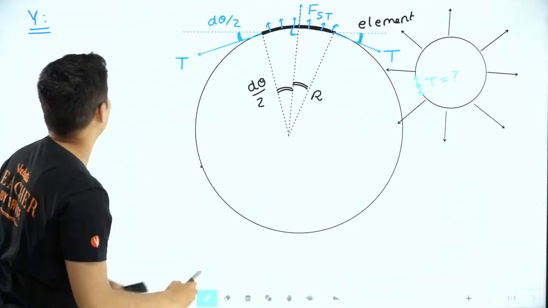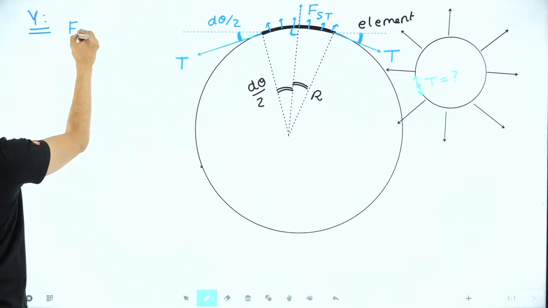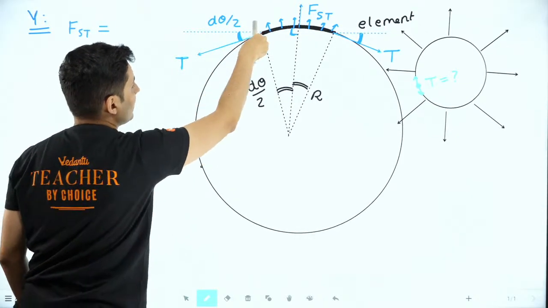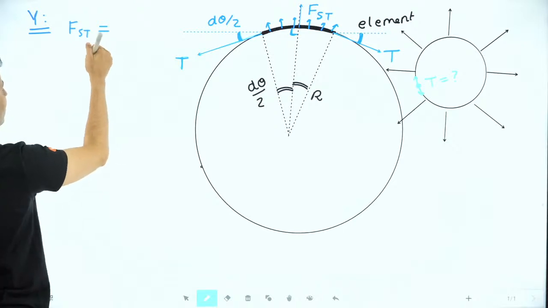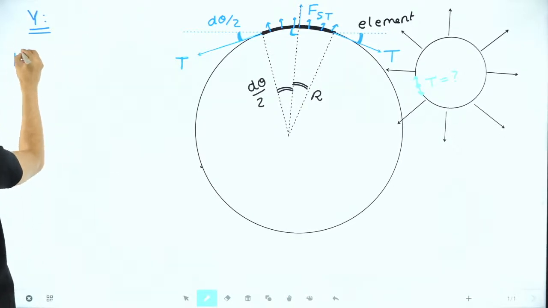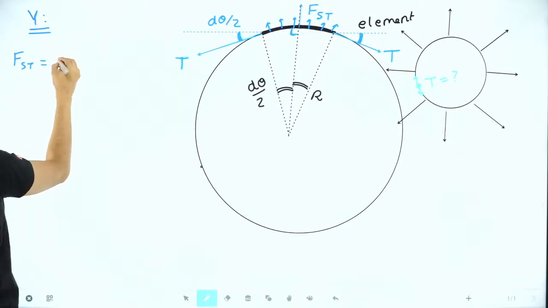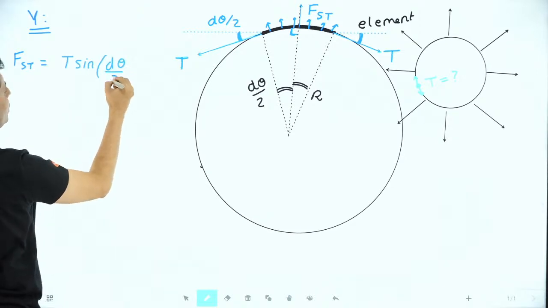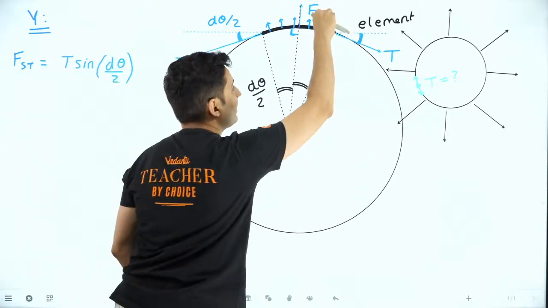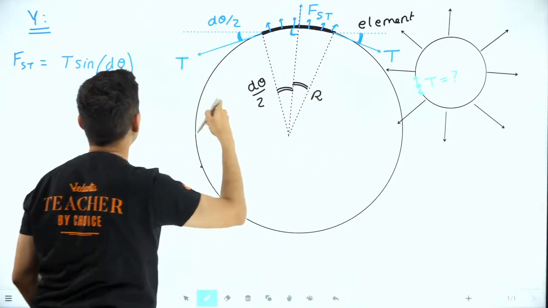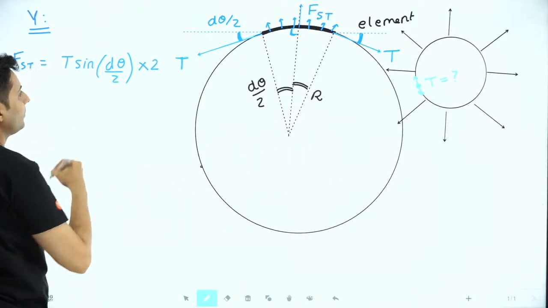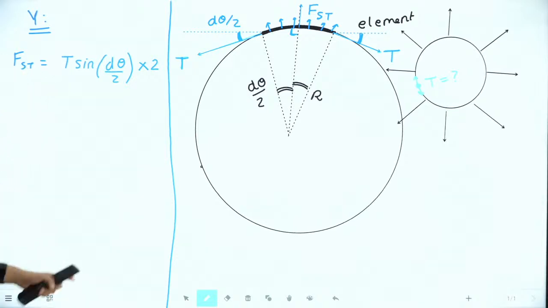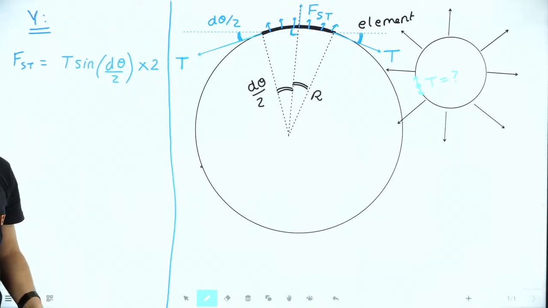That force of surface tension is being balanced by this tension's sine component, correct? So it is balanced by the T sine d theta by 2 component, but there is one more tension component here, so that's why into 2. Just let me know if you guys have understood this.